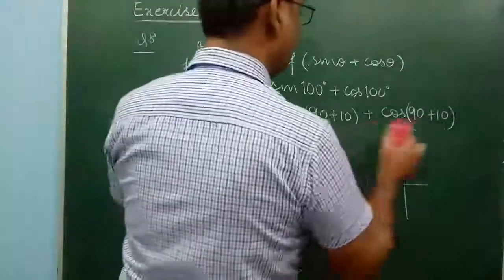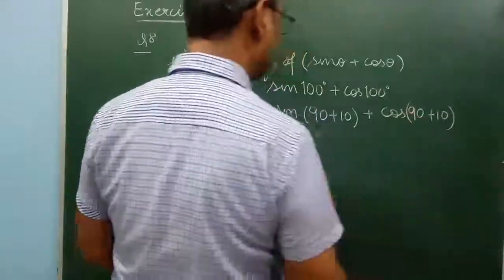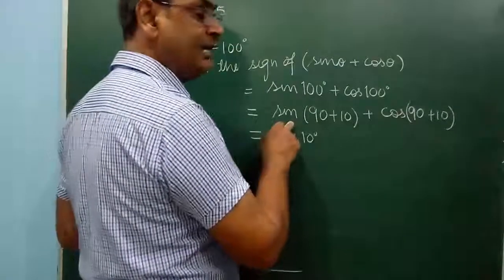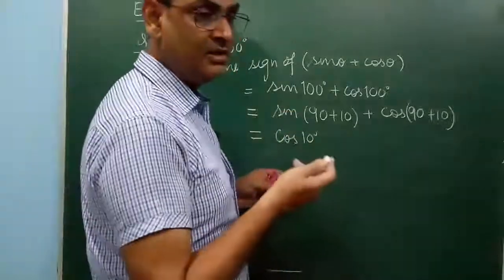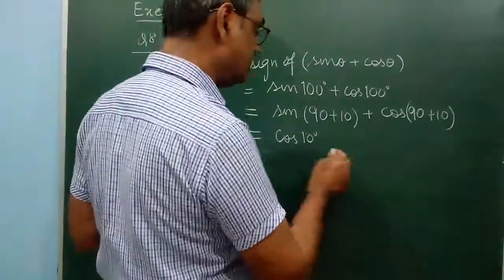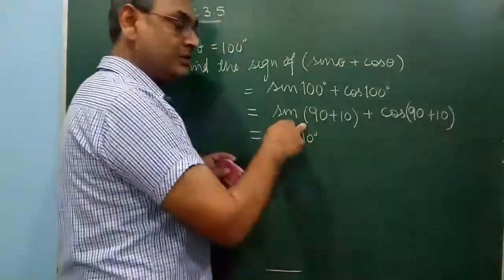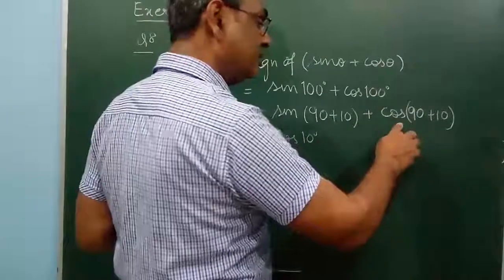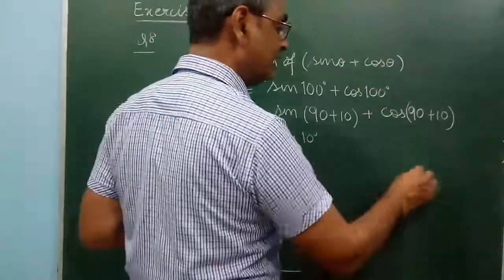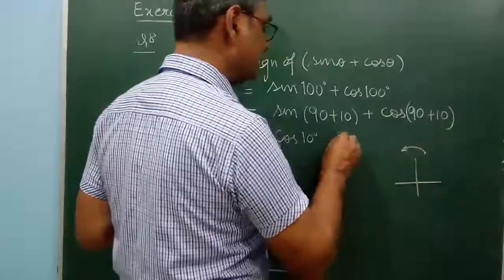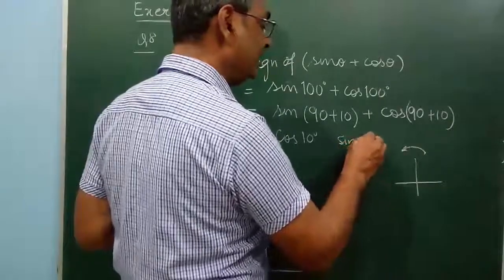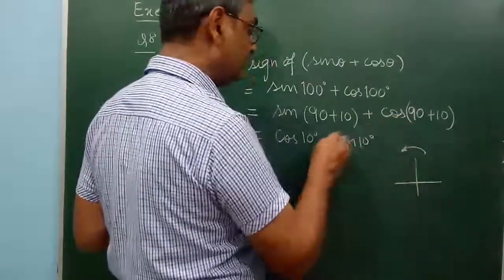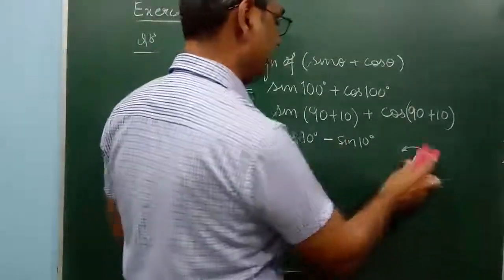Correct? And then it will be positive. Why? Because sine is positive in its own house, that means the first and second quadrant. The second quadrant is the house of sine. So cos 10 degree. And for cos 100, which is cos of 90 plus 10, again we are crossing 90, so it will be sine 10 degree, and because this is the house of sine and it is cos, here it will be minus.